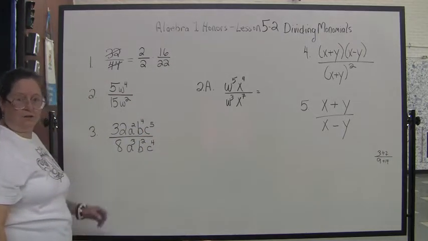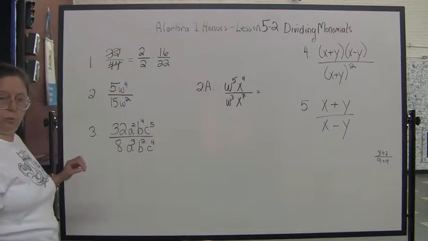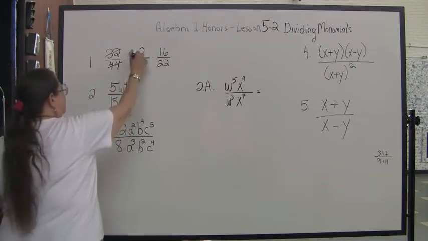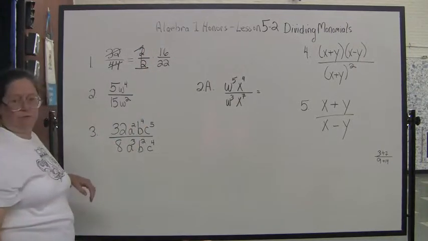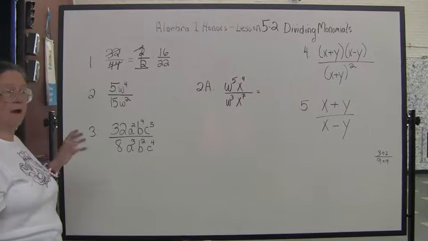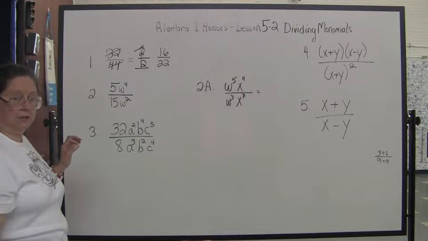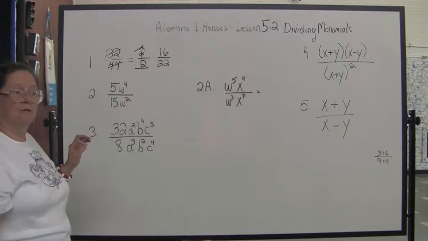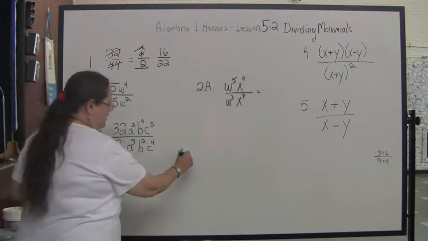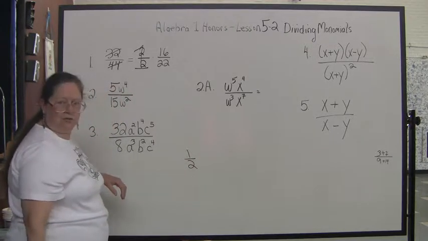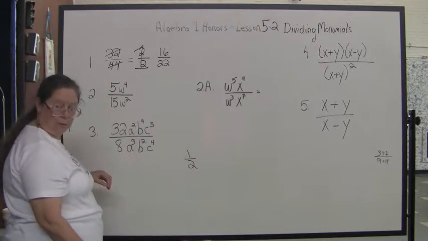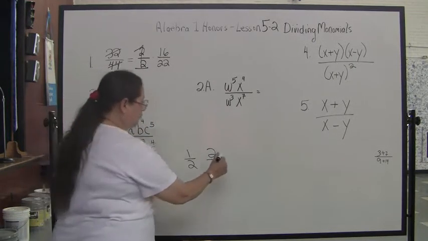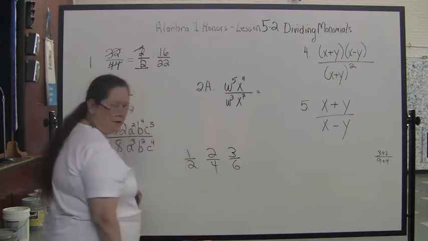Okay? The reason I can divide top and bottom by 2 is because what I'm really doing is factoring out a 1. Okay, now hopefully you learned in 4th and 5th grade that fractions are like chameleons. They have lots of names, lots of colors for the same value. If I had half of a box of Skittles, I'd have the same amount if I told you I had 2/4 of that box of Skittles or 3/6 of that box of Skittles.